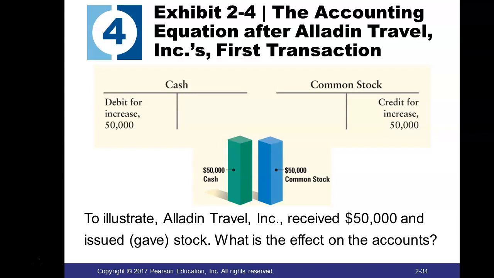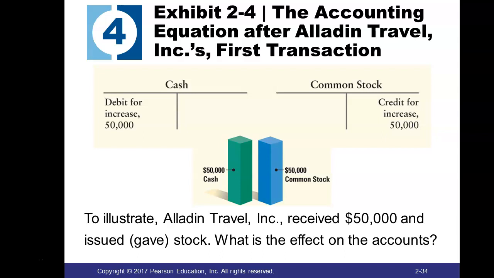So now, we show the transactions in T account form versus in the form of the accounting equation, assets equal to liabilities and equity. Now we're looking at it from a T account perspective. We're visualizing it in a different way, but the conclusion is still the same. We are going to increase our cash because someone gave us $50,000 in exchange for common stock.